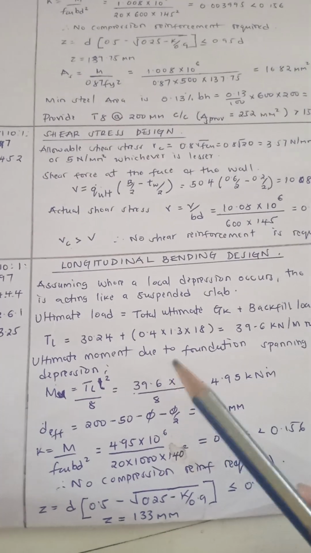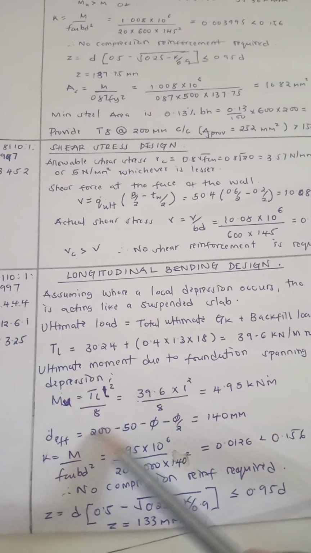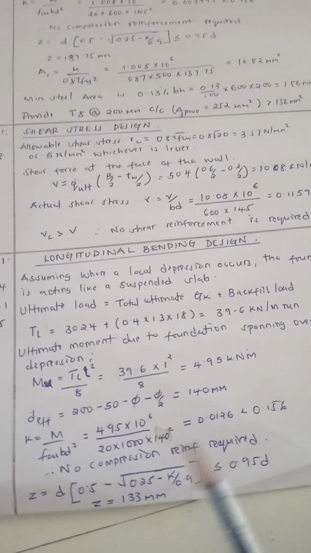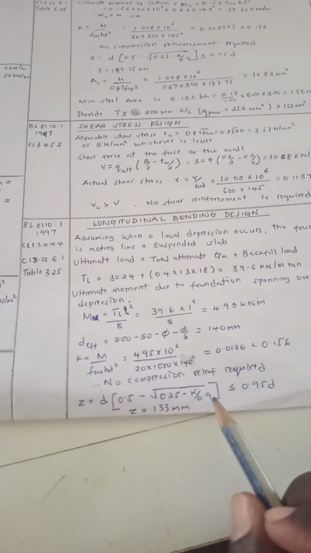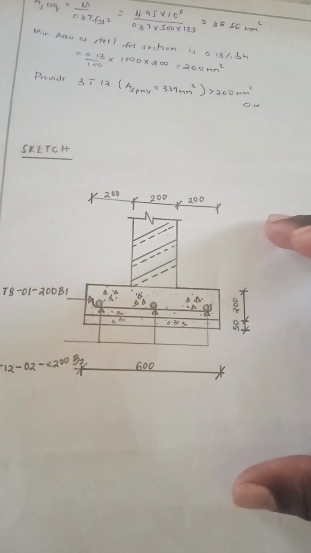That is why we borrow calculations from our knowledge in theory of structures there, and then you design for the reinforcement like so. Then after that, you would then detail your footing like so.